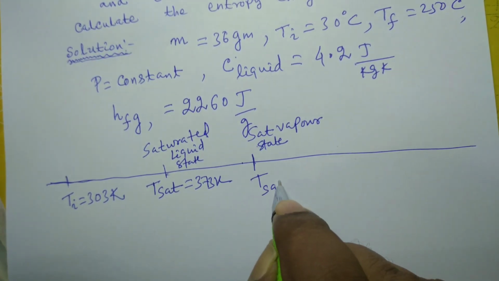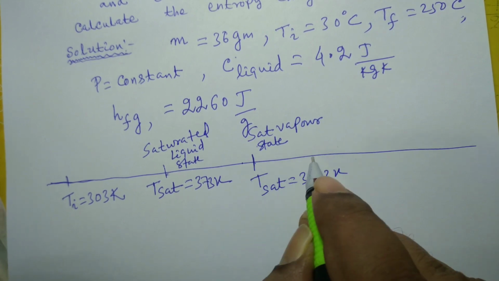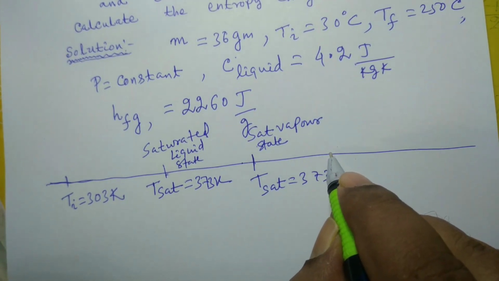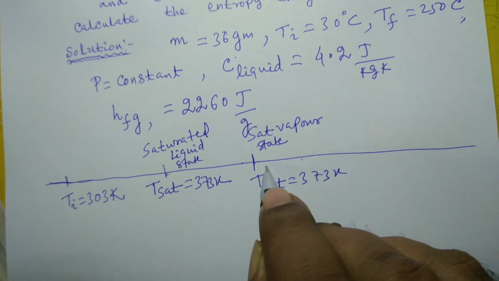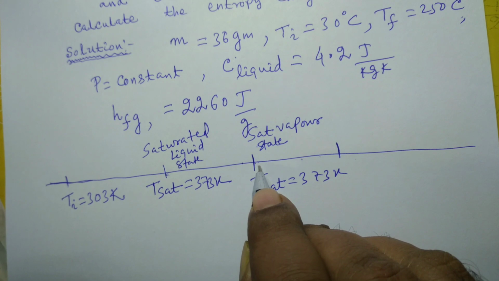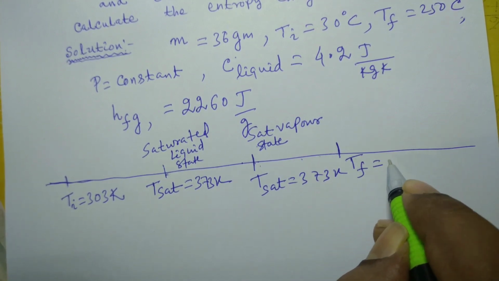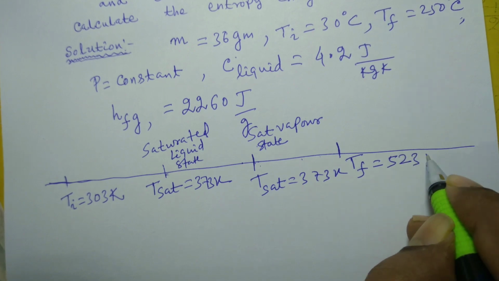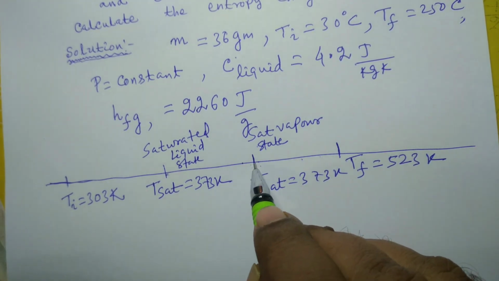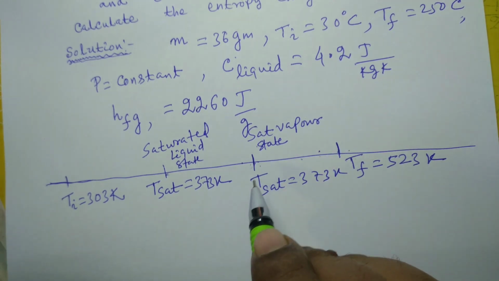And saturation temperature is 373 Kelvin. Then it is converted into a superheated vapor state, and here this substance is in the gaseous state. So from 373 Kelvin to the final temperature of 250 degrees Celsius, that is 523 Kelvin, it will behave like a gas.